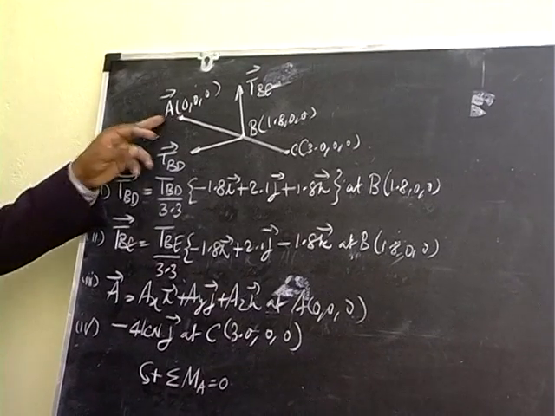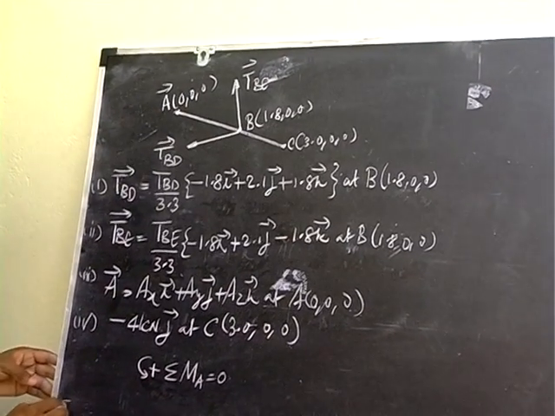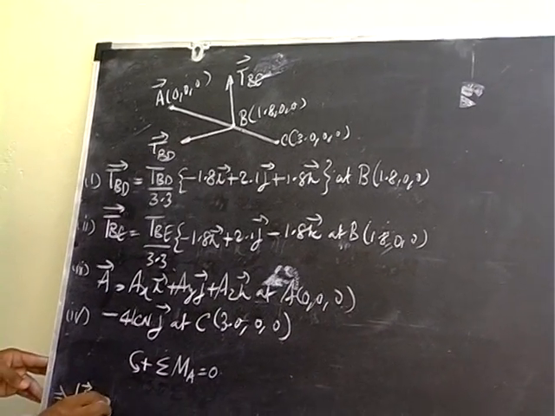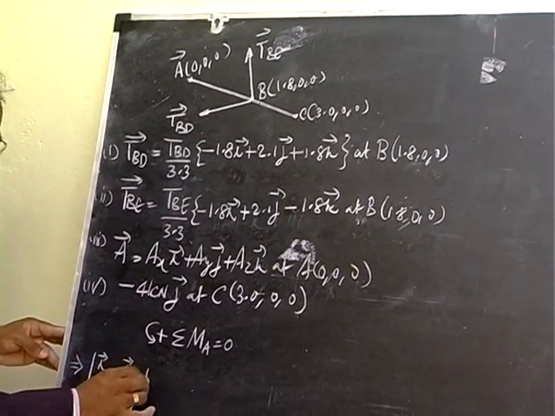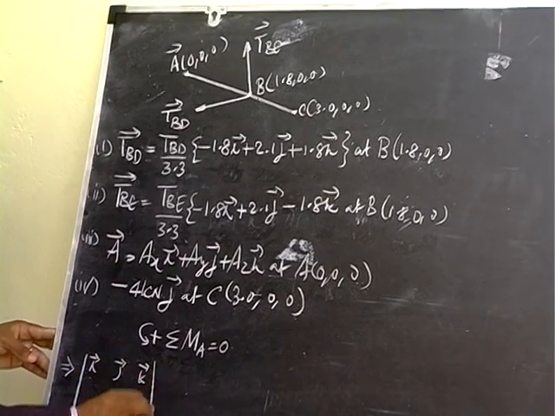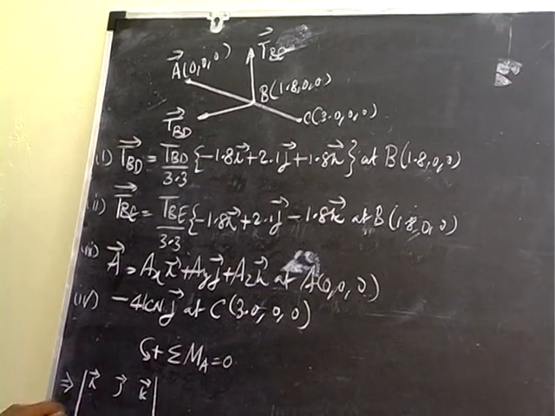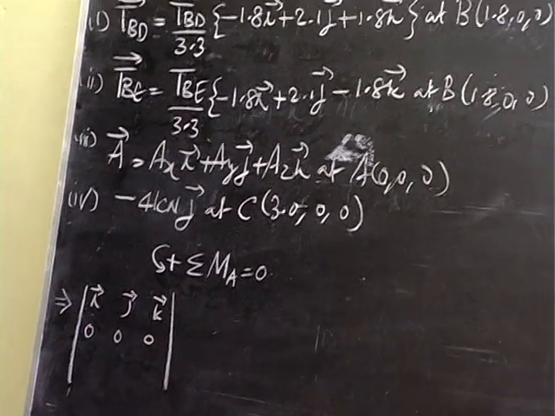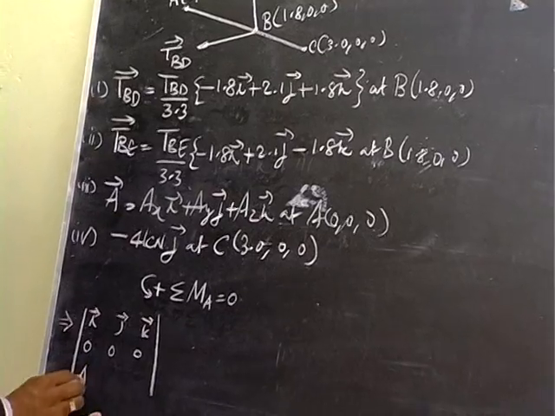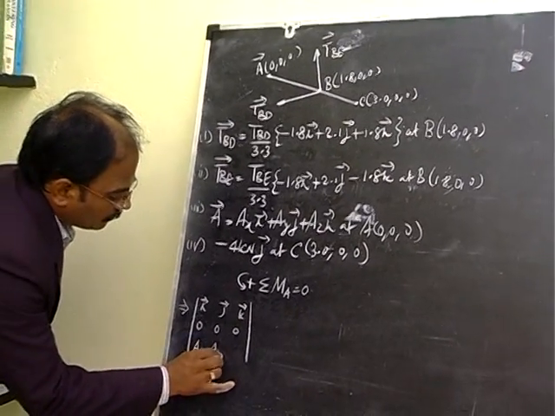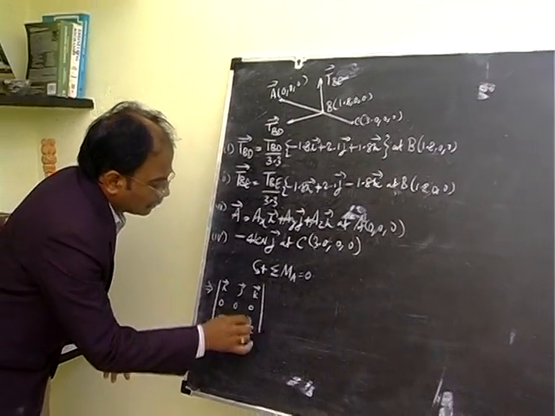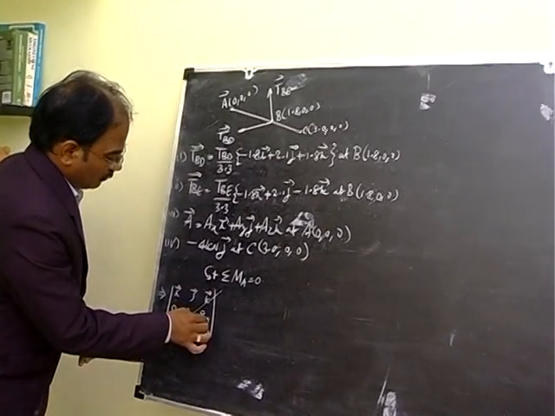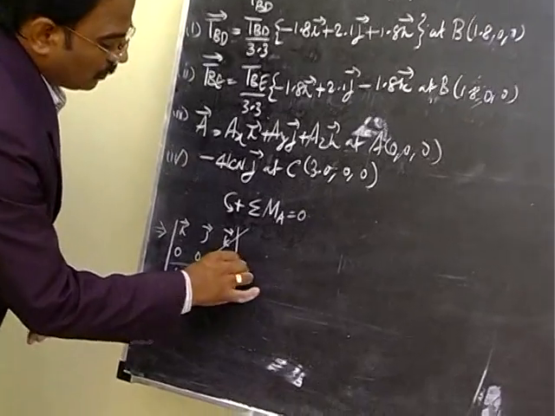So when we consider the force A, we get the cross product corresponding to A, that is i, j, k, the unit vectors, and the distance vectors 0, 0, 0, and the component forces for A are AX, AY and AZ. So we can simply ignore this because this term is 0. Here we have 0, 0 in a single row.